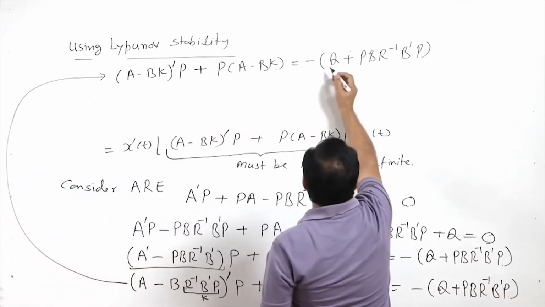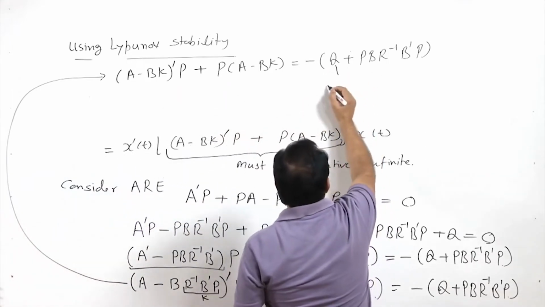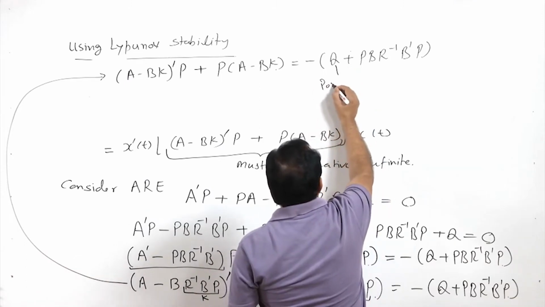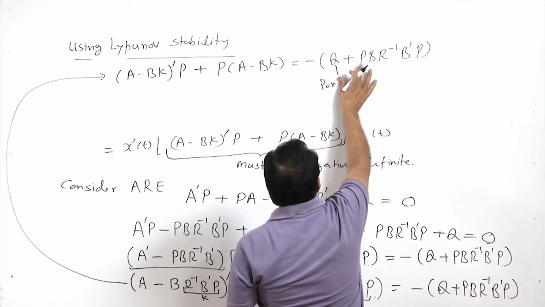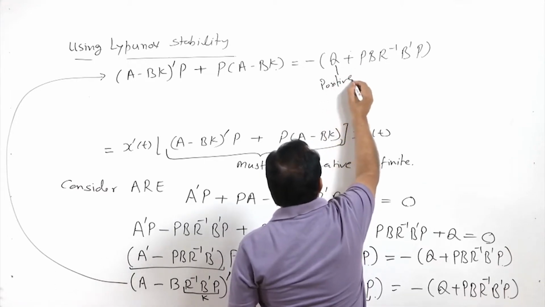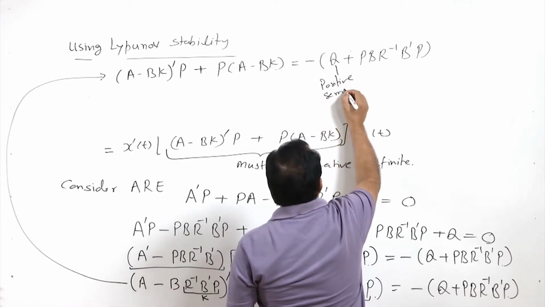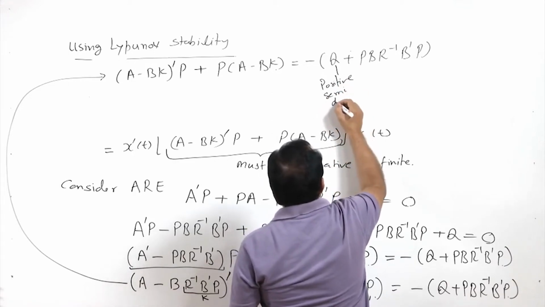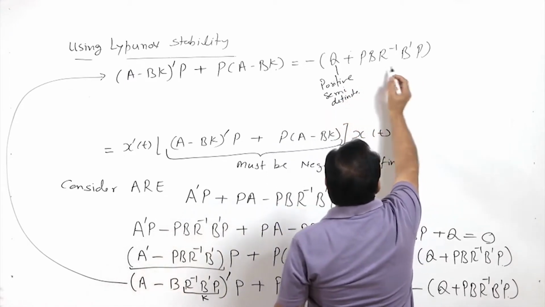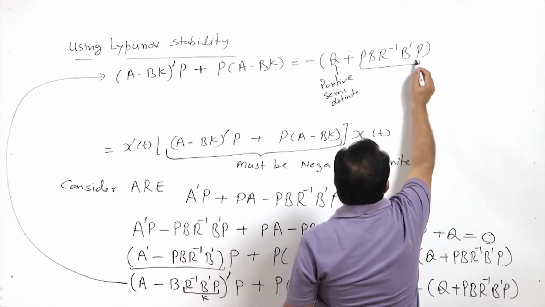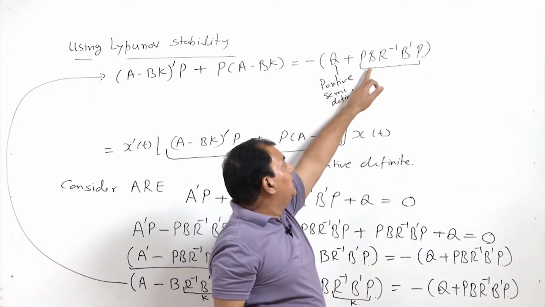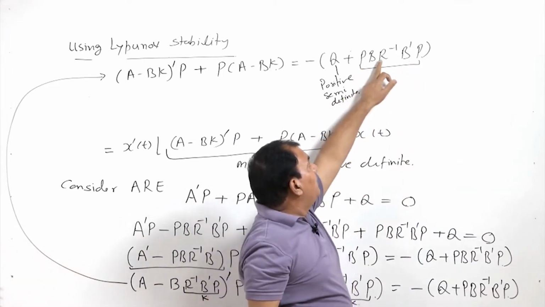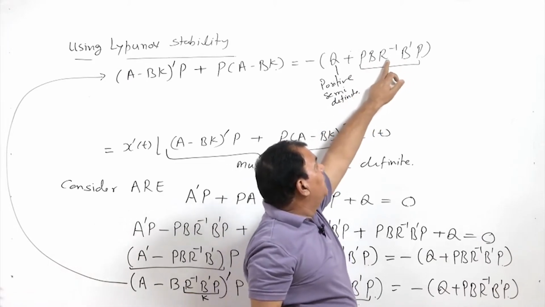So, left hand side, Q is positive semi definite, my P is positive definite, B prime will give me the square term, R is positive definite.